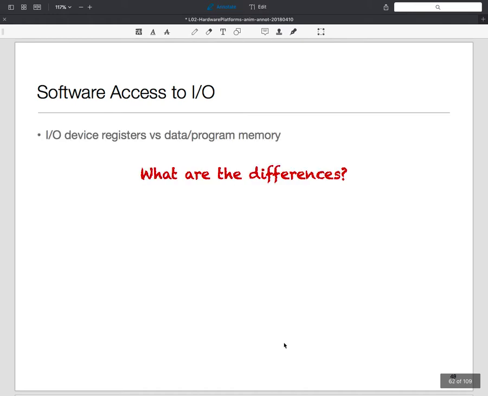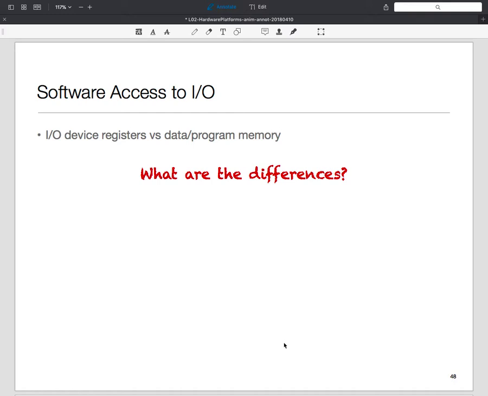That raises a question: how does the software get access to the I/O? Typically, if you look at data sheets, these peripherals present themselves as some register or registers inside the peripheral, which the main processor can read or write. One question that comes up is how we should expose this to the software.